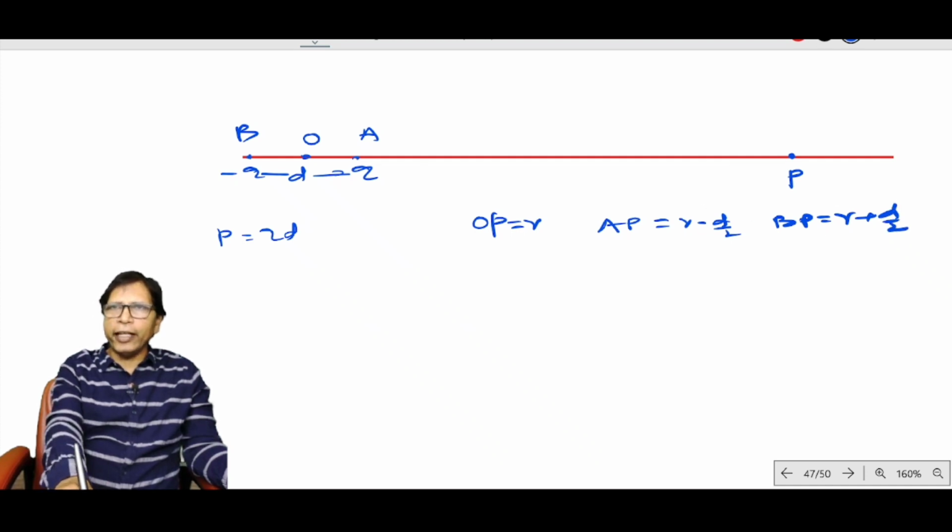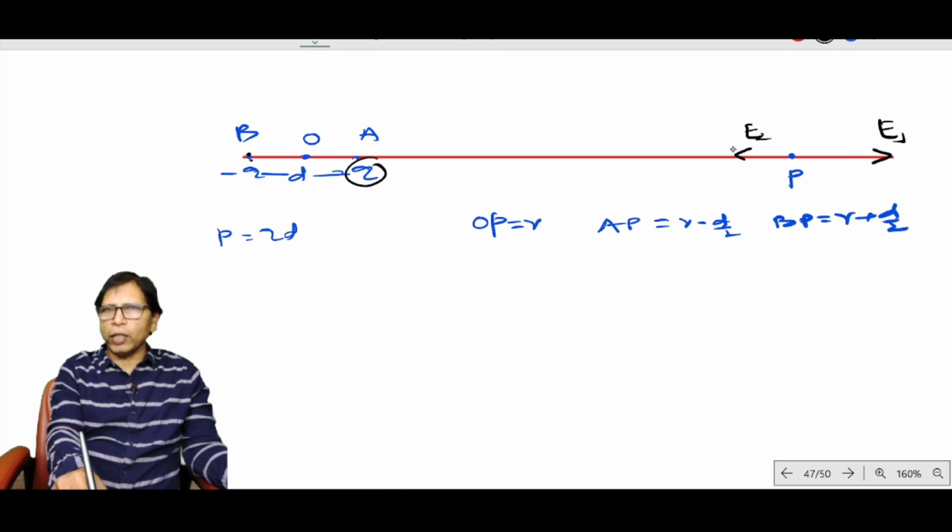Now look at the electric field due to the Q charge at this point, E1, directed along this direction, and the electric field at point P due to the minus Q charge, E2, directed towards the dipole.